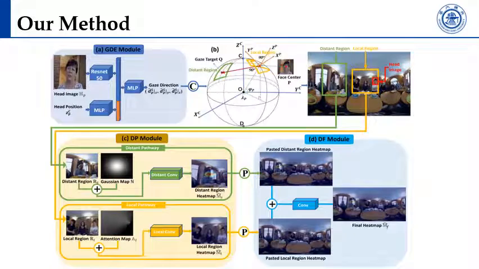This actually motivated us to propose this dual-path framework to handle both long-range gaze behavior and short-range gaze behavior separately. So in our framework, we first estimate 3D gaze direction from the given head crop image.